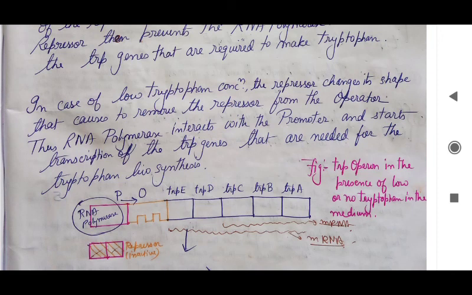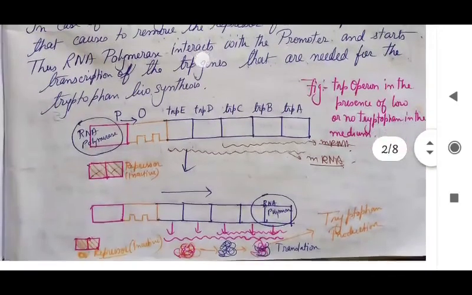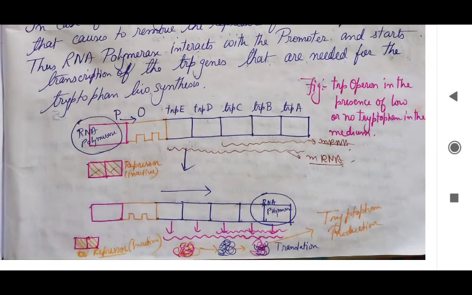So this figure is about the tryptophan operon in the presence of low or no tryptophan in the medium, and thus easily the three enzymes' genes will be transcribed by RNA polymerase because the repressor won't fit into the operator now because of low tryptophan concentration. It does not change its shape actually at this time. The repressor becomes inactive. So these are the two cases.